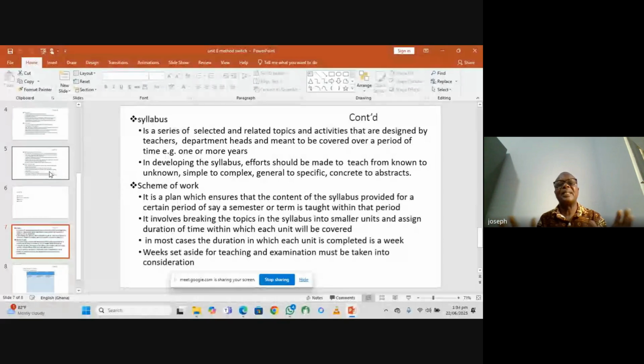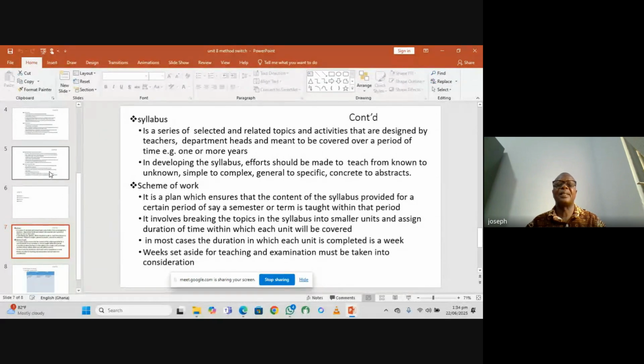You take so many things into consideration before you plan your scheme so that you work within that specific period. And we all know that when we resume school, that first week, proper teaching and learning does not take place. So if you plan serious lessons for that first week, you may not be able to handle those topics effectively.